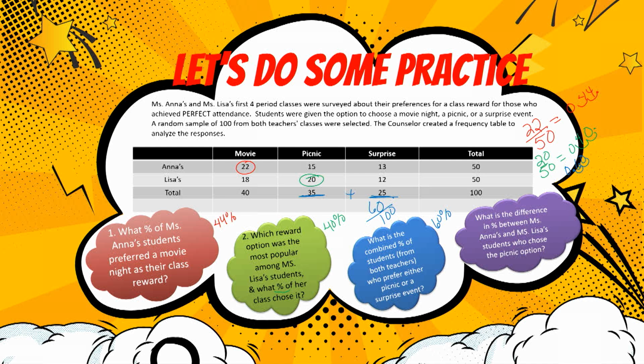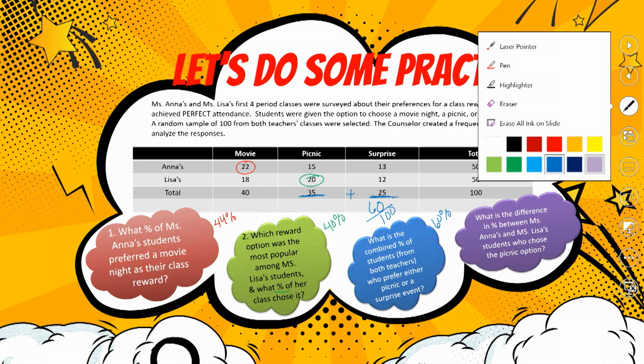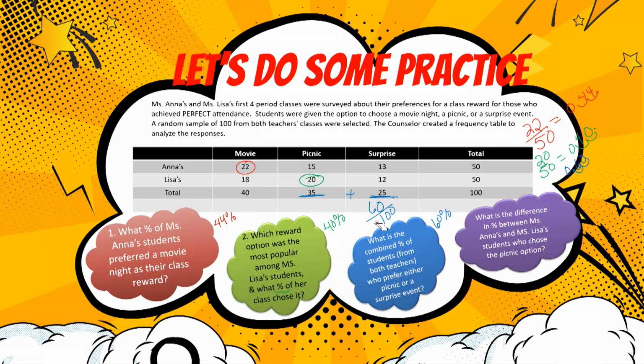Now here's the last one. What is the difference in percentages between Miss Anna's and Miss Lisa's students who chose the picnic option? Let's go ahead and look at this one. I'm going to do some erasing so we have a clear understanding of which numbers we are looking at. So I've got my 15 out of 50, and I've got my 20 out of 50.